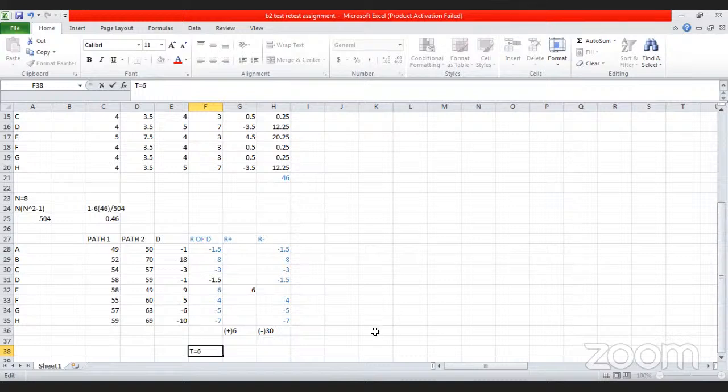This t is equal to 6. What does it indicate? I'm not understanding. Yes, I'm telling. So, Rose, can you show the PPT, the paragraph? Yes, the PPT. Okay.